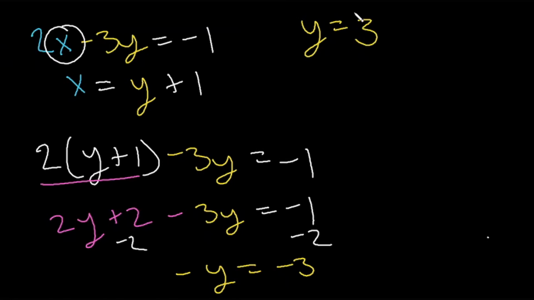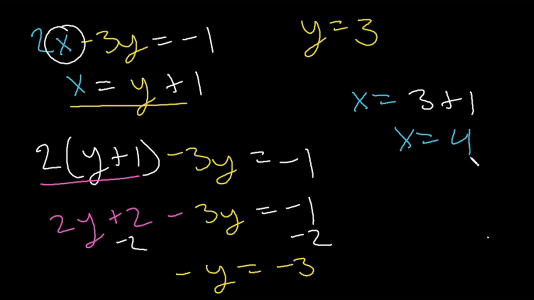And now we can put this 3 into our equation for x here, and if we do that, we'll have x is equal to 3 plus 1. 3 plus 1 is 4, so our x is equal to 4. So our final answer would be 4, 3.